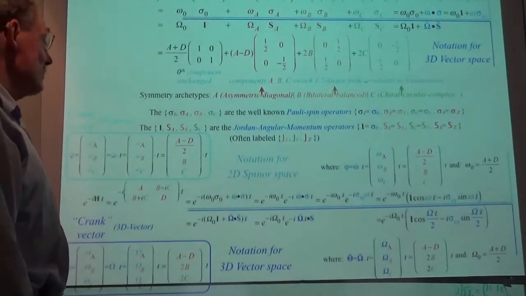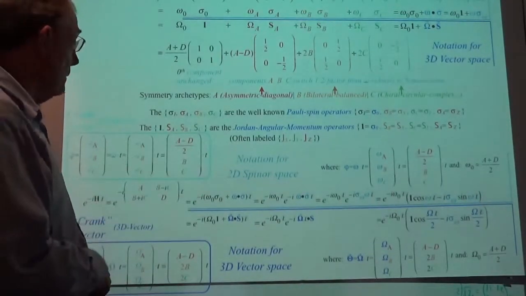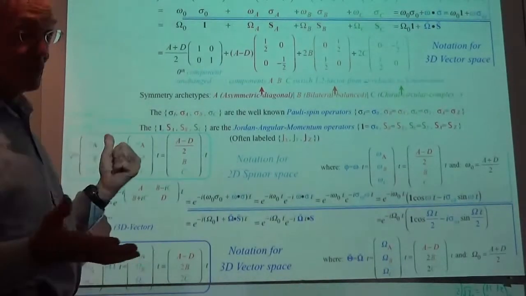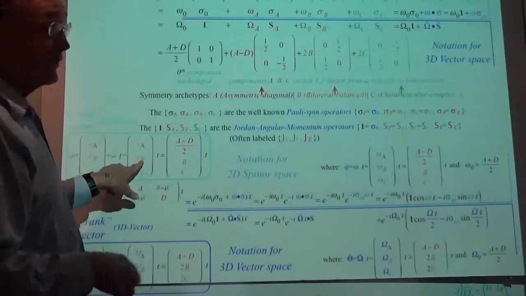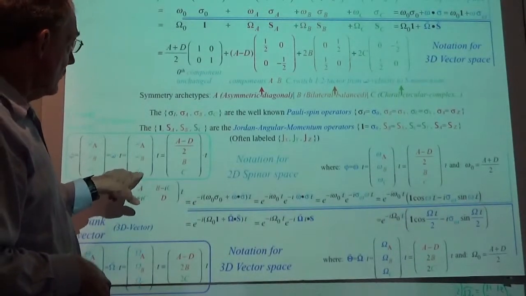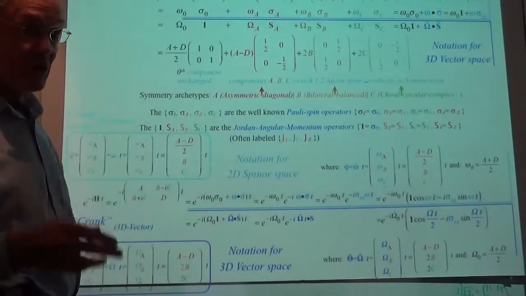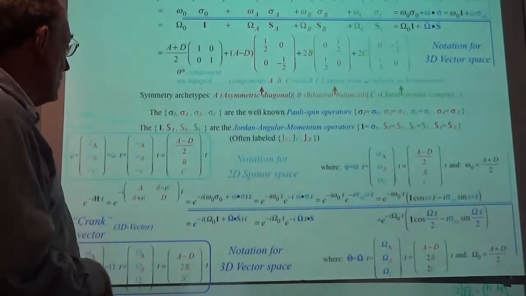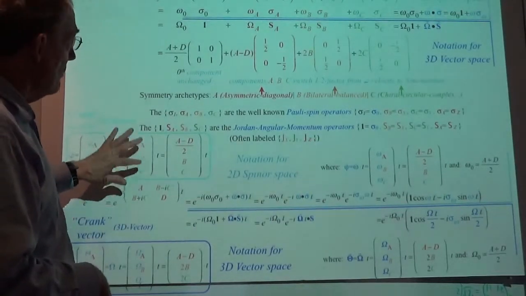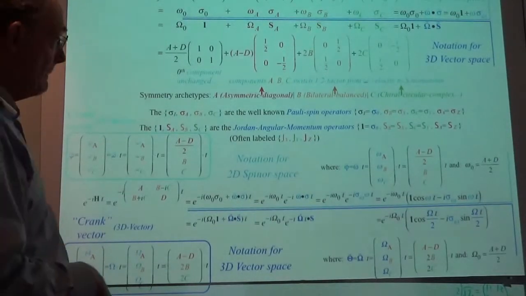And of course that's not quite the order you're used to, because A is Z in the standard language, B is X in the standard language, and C is Y in the standard. Okay, so we're going Z, X, Y. It's a cyclic permutation of those three.